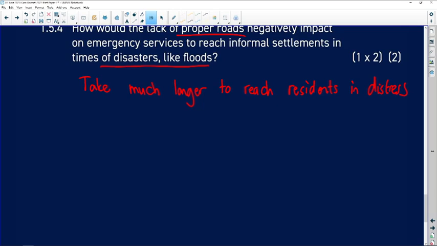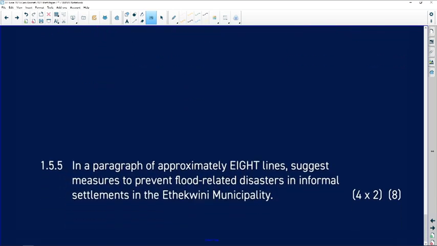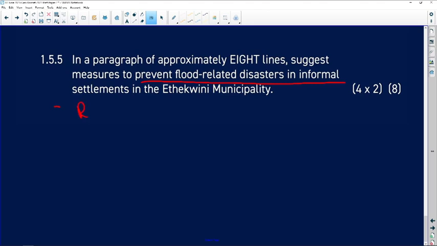And our last question on this topic of informal settlements, in a paragraph of 8 lines, suggest measures to prevent flood-related disasters in informal settlements. First and foremost, what we can do is to relocate the people away from floodplains.